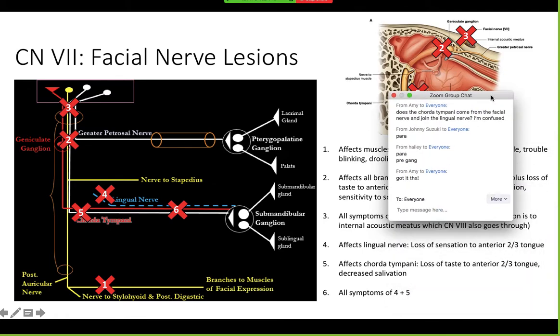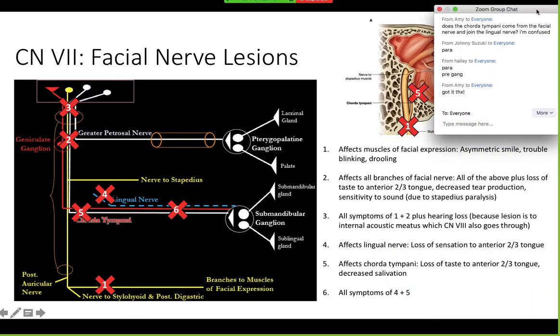Now let's go over the lesions here real quickly. So the two that they like to ask about the most are number 2 and number 3. So number 2 is going to affect all branches of the facial nerve.